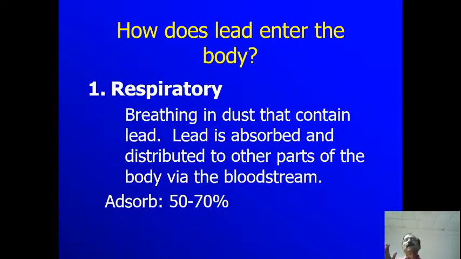As I said, the fumes were the ones which Thomas Legge also talked about, Ramazzini also talked about, everybody talked about it, and we'll repeat it now, that dust and fumes are the ones which will cause the maximum damage. Breathing in dust that contains lead, and lead is absorbed and distributed to other parts of the body via the bloodstream. So 50 to 70% of what is taken in gets absorbed.